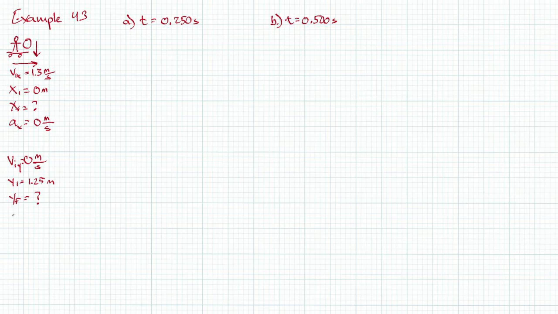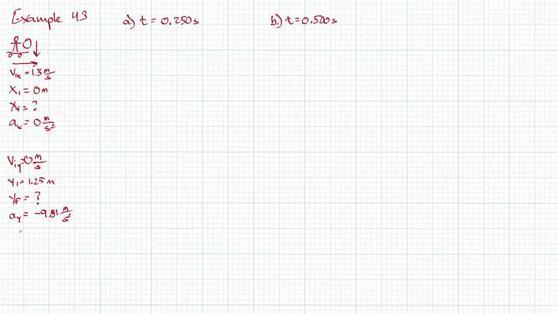On the other hand, a in the y direction, yeah, we definitely have that. That's negative 9.81 meters per second squared. Oops, I forgot my squared up here, didn't I? There we go. So we have an a in the x direction, which is 0, but we definitely have an a in the y direction right here. Anything else we know? I think that should be good to get us started.